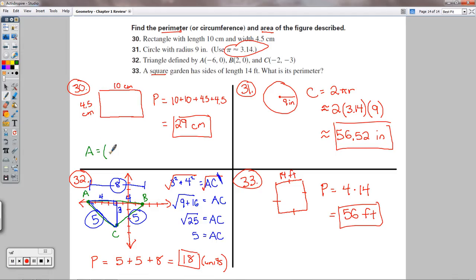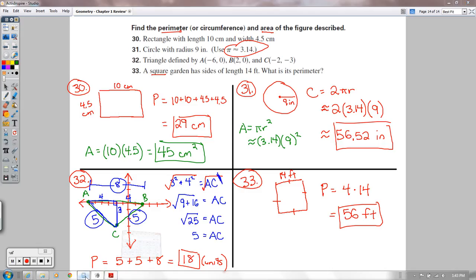So the area of a rectangle is just base times height. So I just do 10 times 4.5. That would be 45 centimeters squared. Over here, the area of a circle is pi r squared. Since we're using pi as 3.14, plug in that, and I'd plug in 9.